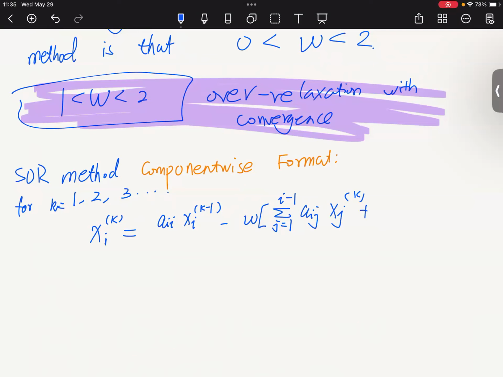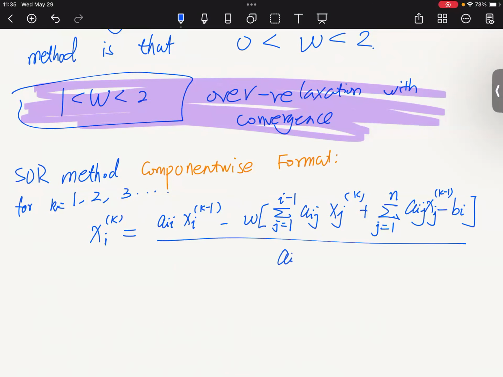You will see it's pretty similar to what we have in the Gauss-Seidel method. But we have the weight here, and we also have the a_ii term there. This should be the k minus 1, the previous one, x_j^(k-1), divided by a_ii. And this is the updating rule.